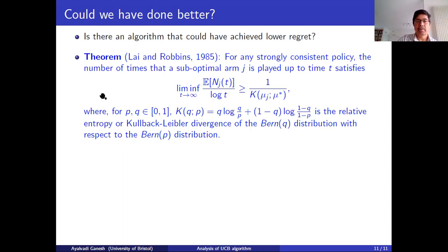So this theorem goes back to a seminal paper on multi-armed bandits by Lai and Robbins in 1985. And what they showed is the following. There's a technicality called strongly consistent policy. The definition of that is in the lecture notes. This is just to rule out certain silly policies.